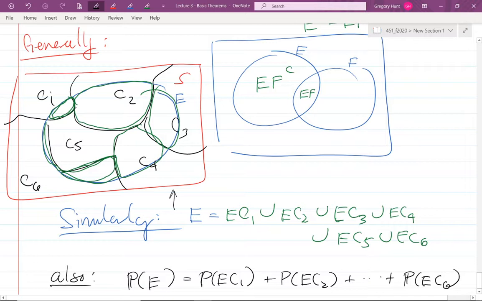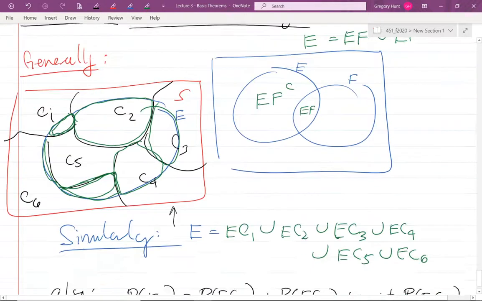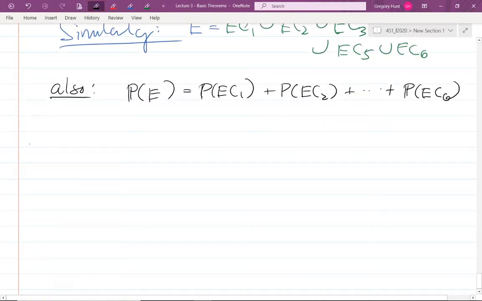But it's true. And so let's prove it. This is the theorem I'm going to call event partitioning. Let's write it a little more formally.